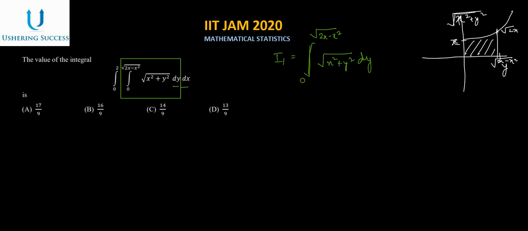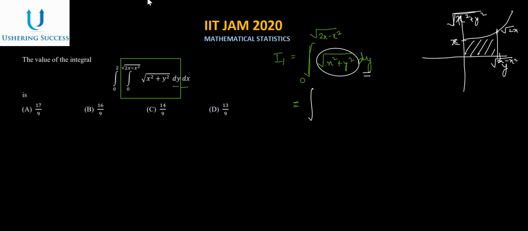So we will integrate this using the rule of integration by parts. We take root over x square plus y square as the differentiable function and dy as the integrable function.